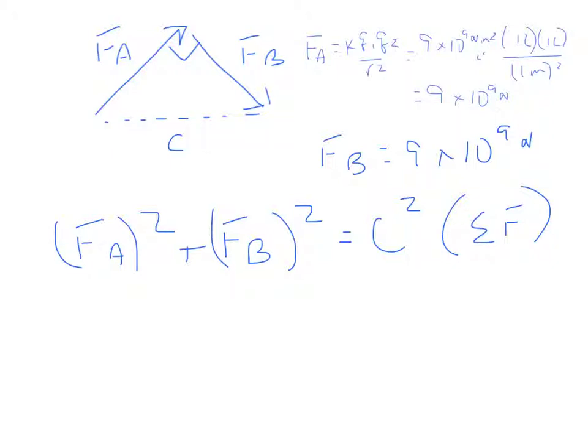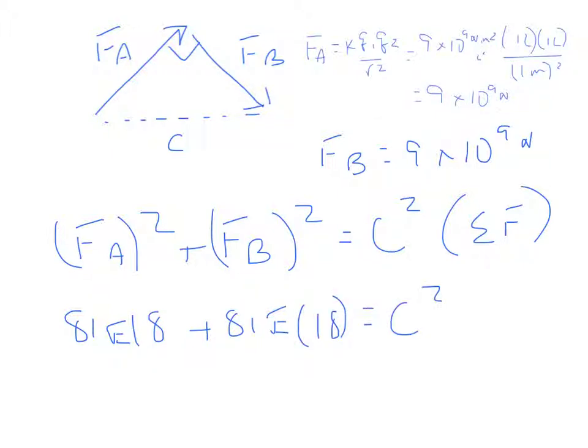So then simply it's going to be 9 times 10 to the 9th. Well, 9 times 10 to the 9th squared is 81 e to the 18th, plus 81 e to the 18th. That's going to equal C squared. When you add these together, you get 162 e to the 18th.